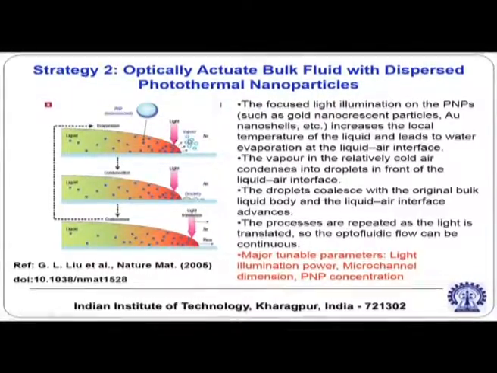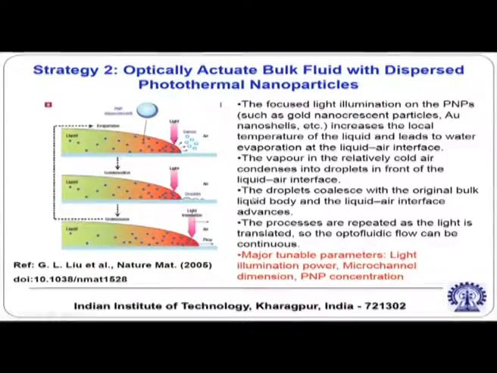See the cartoon: the liquid becomes vapor, and when this vapor comes to the interface, it will condense. It will form droplets, and those droplets will add to the previous liquid and change the contact angle. Basically the vapor in the relatively cold air condenses into droplets in the form of a liquid layer at the interface.